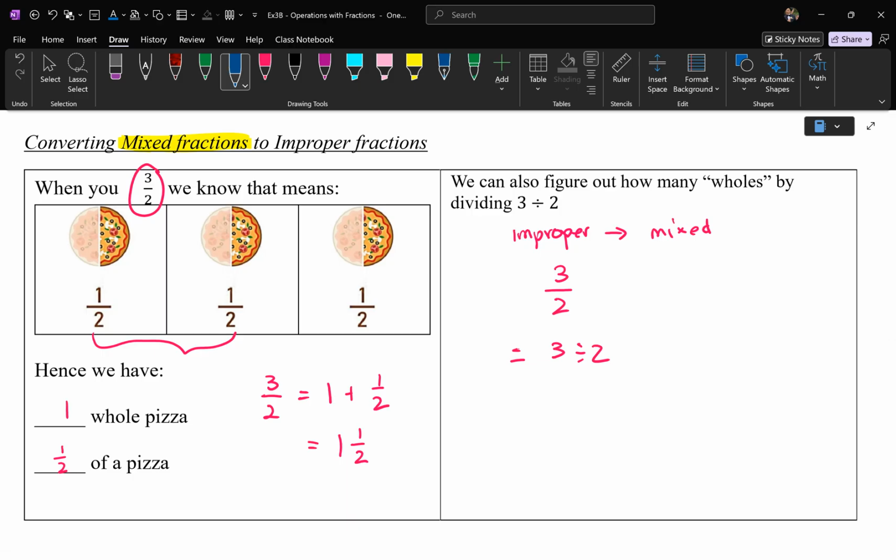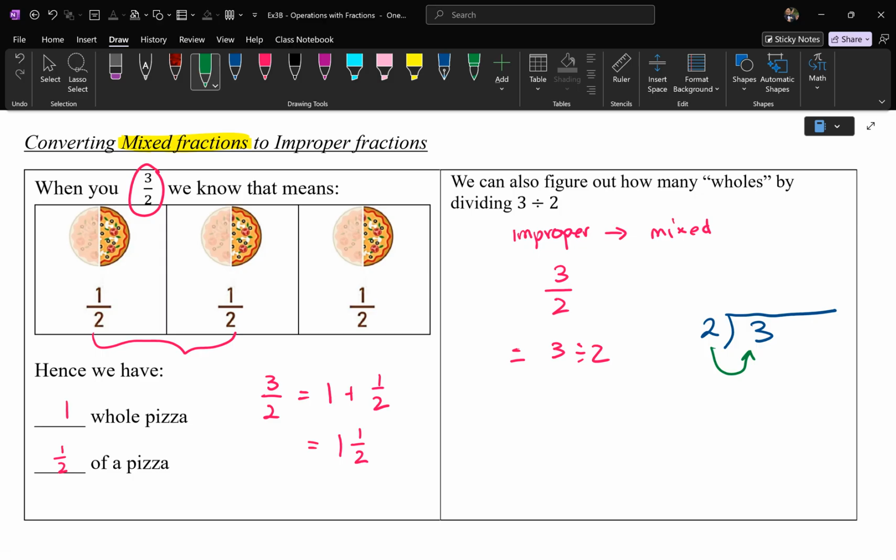When you say 3 divided by 2, you're asking how many 2's fit into 3. When you say 3 over 2, students tend to mix it around. Whatever's on the bottom, you're asking how many of those bottom numbers fit into the top number. So how many 2's fit in 3? Let's calculate it now.